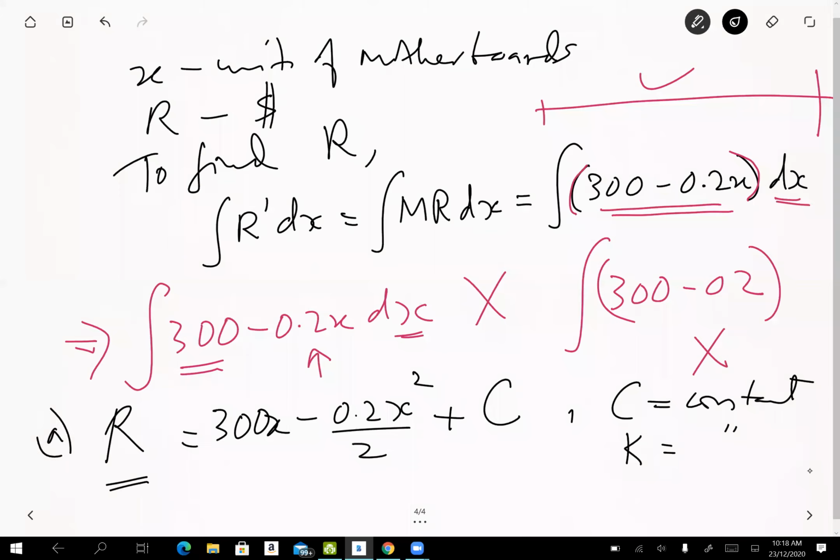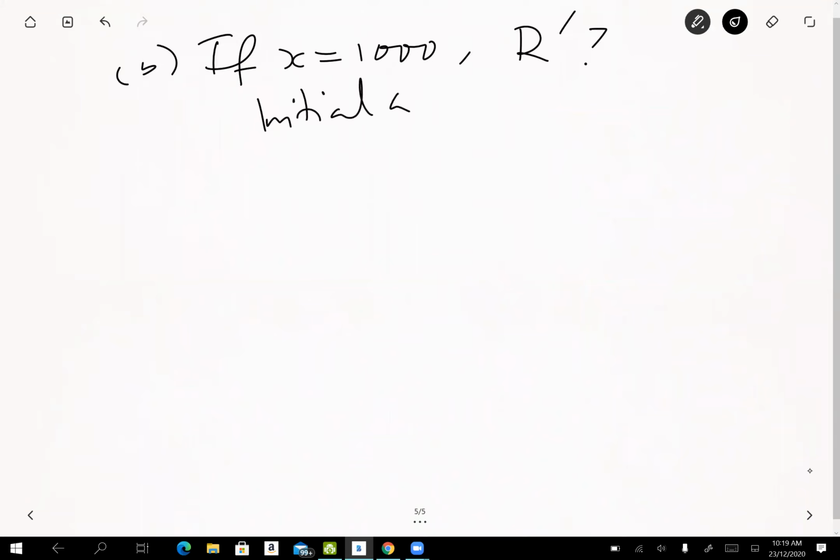Now part B. I want to find the revenue from the sale of 1,000. So if x is equal to 1,000, what is the revenue? Here is where you need the initial condition, in order for you to find that c.